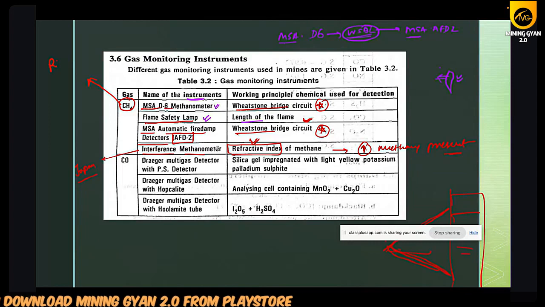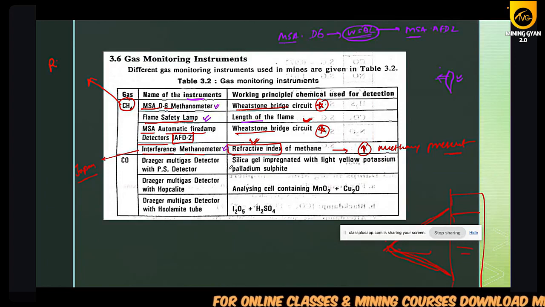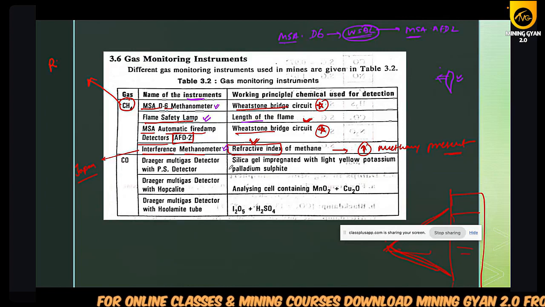And the interference methanometer uses the principle of the refractive index. In the refractive index, the methane percentage will be increased. So on that basis, we will find out the methane in the mines. And the interference methanometer is based on Japan. You don't need to recall which country, they will not ask.